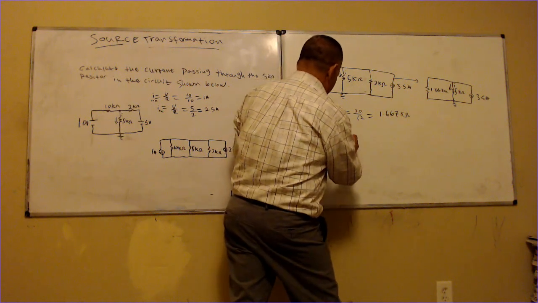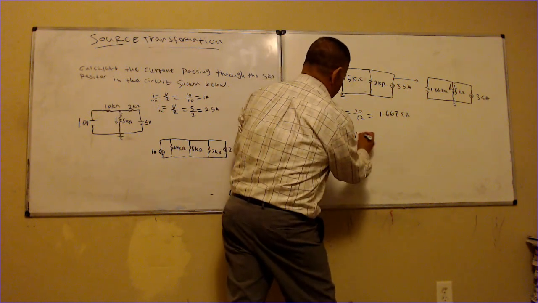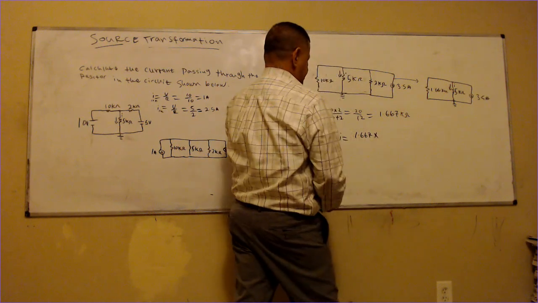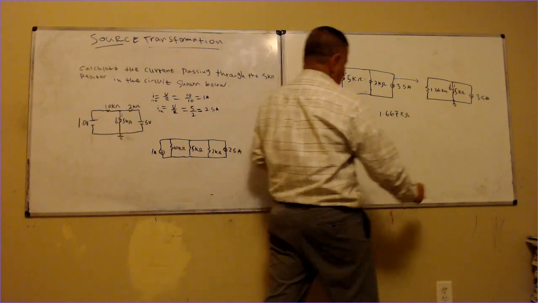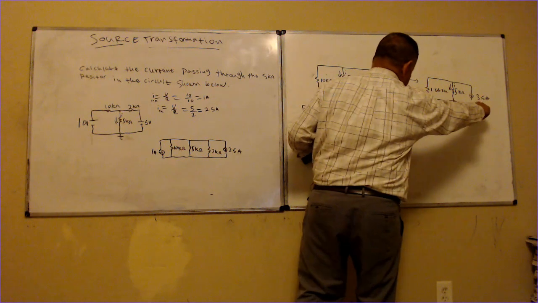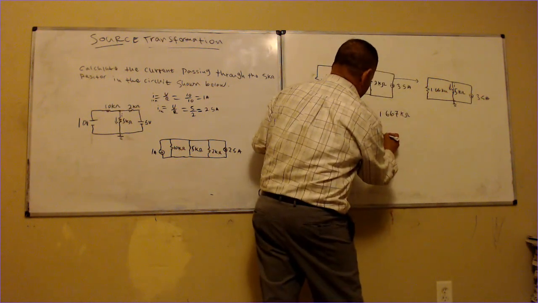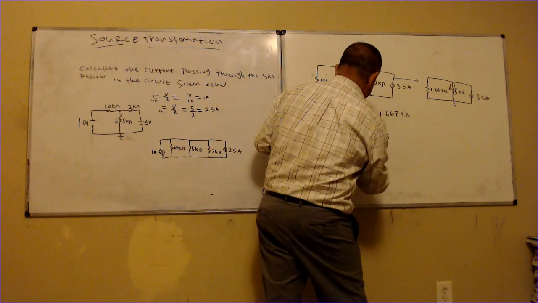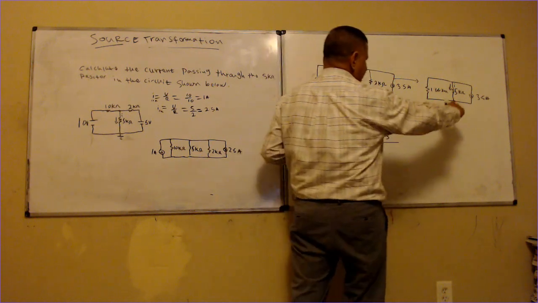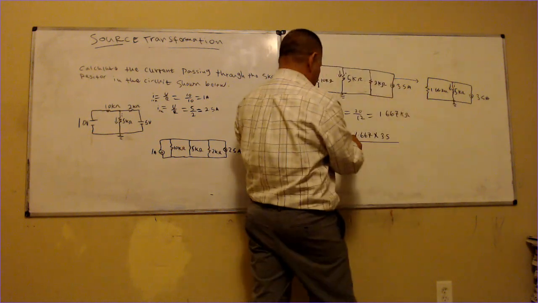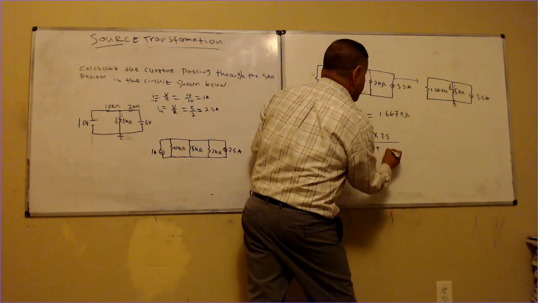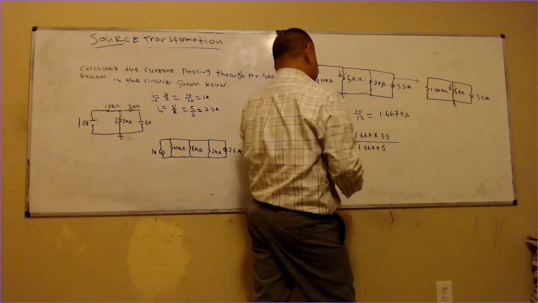So the current is going to be equal to 1.67, the resistor, times the 3.5 amps, divided by the one that I care about plus the one that I don't care about, which is 1.67 plus 5.